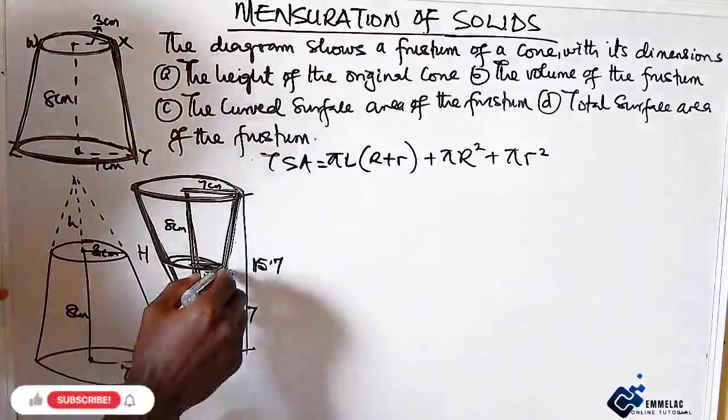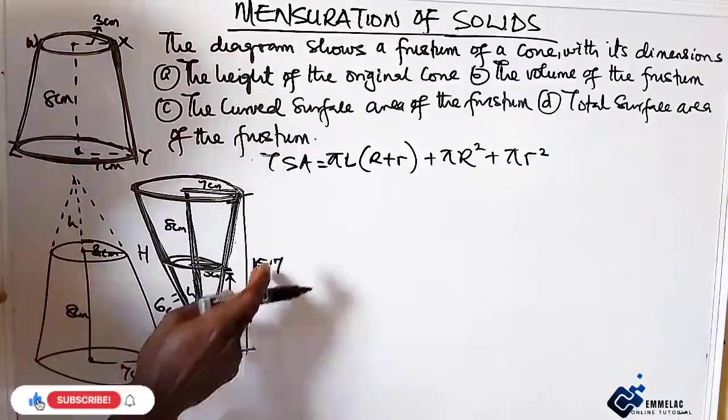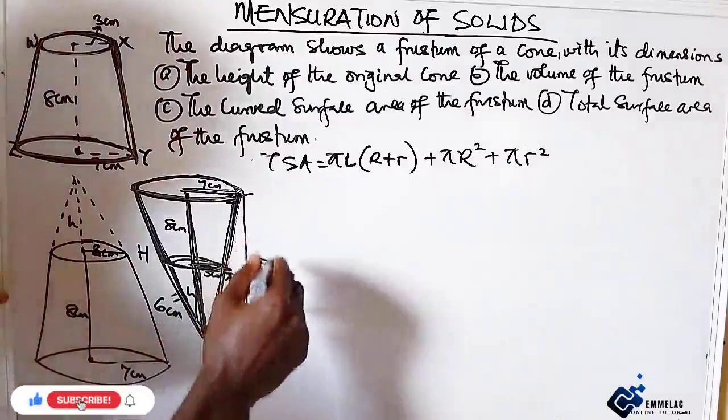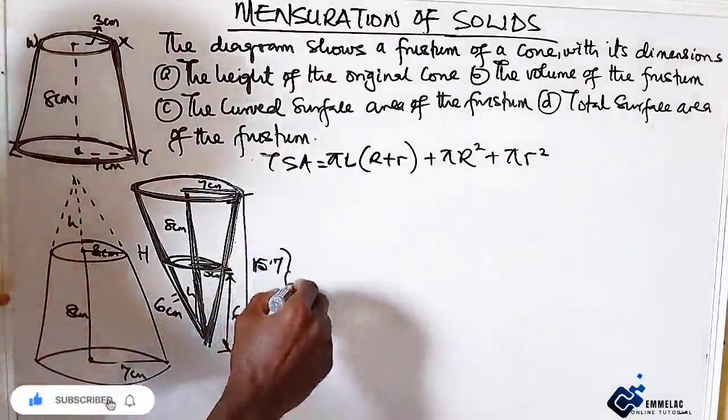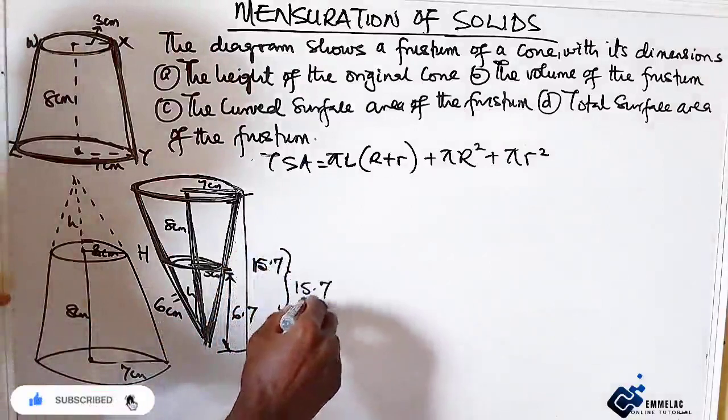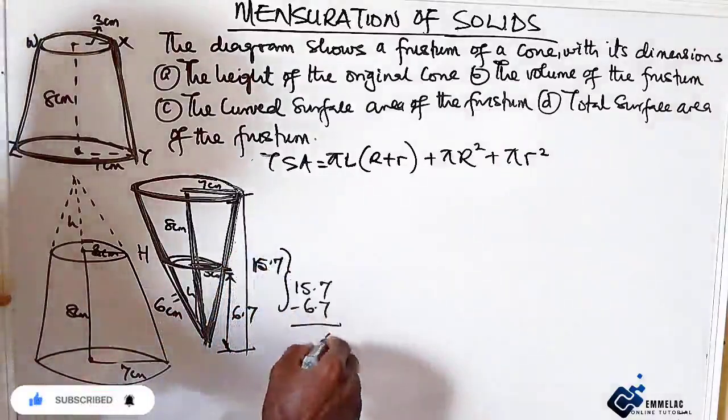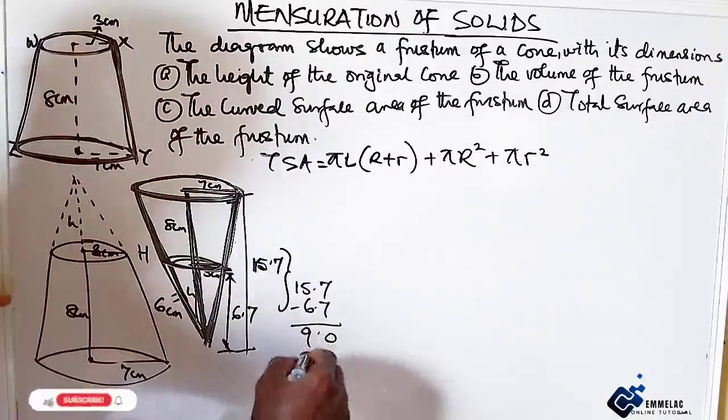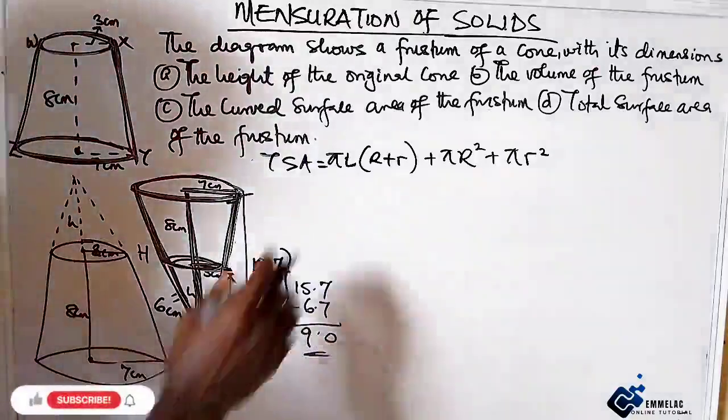So for us to get from here to here, what we just need to do is to subtract this from this. So that will give us 15.7 minus 6.7. This should give us 9. Okay, so let us now implement it here.